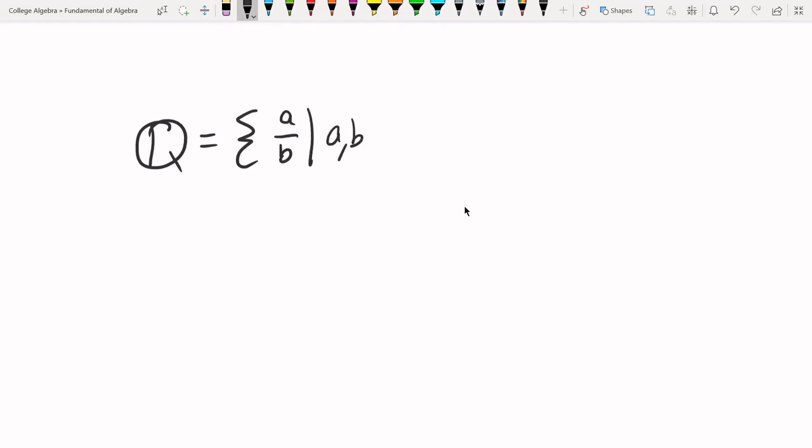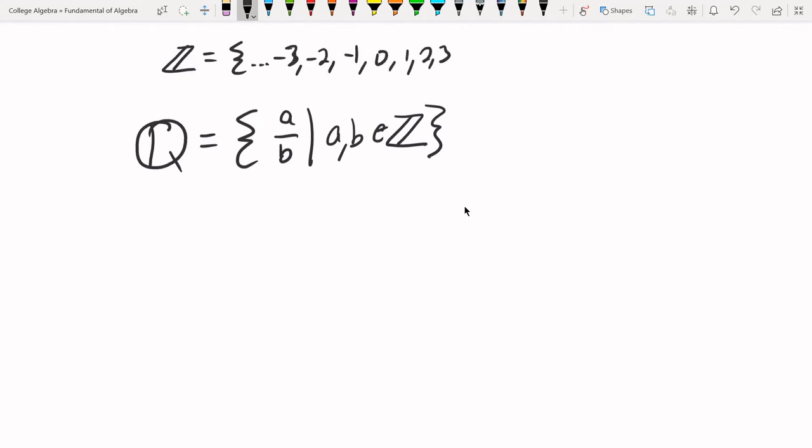So a and b are elements of the integers. That's the Z things. That'd be, just to keep the continuity, Z is the things like -3, -2, -1, 0, 1, 2, 3, and so on and so forth.